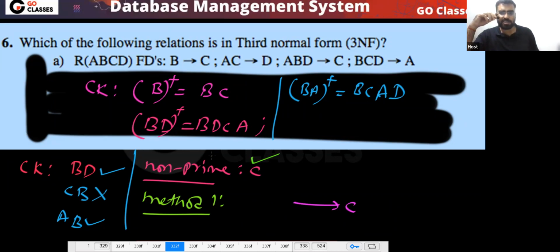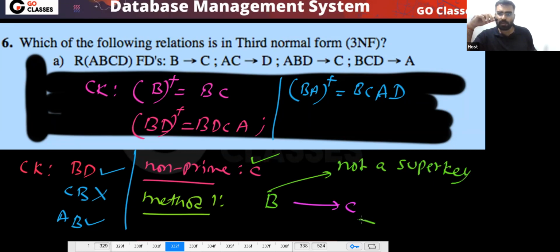So which type of violation will you look for? You are looking for: not a super key implies non-prime attribute. Not a super key implies C. This is not a super key.